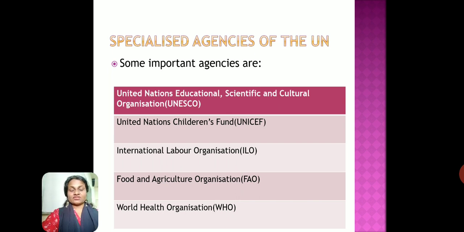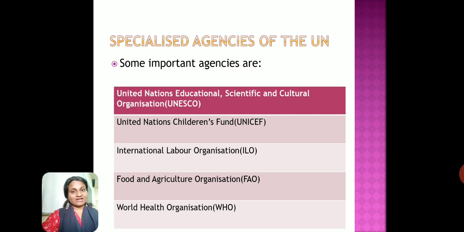UNESCO takes care of the monuments and buildings which are of cultural and scientific importance, and then it becomes a World Heritage Site. If UNESCO approves a certain place in our country or any country, then that becomes an approved site of UNESCO, so that it protects the heritage of those countries.